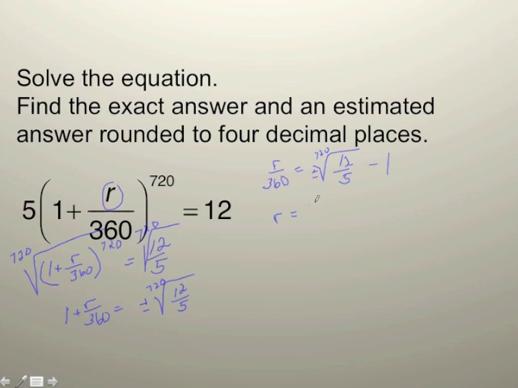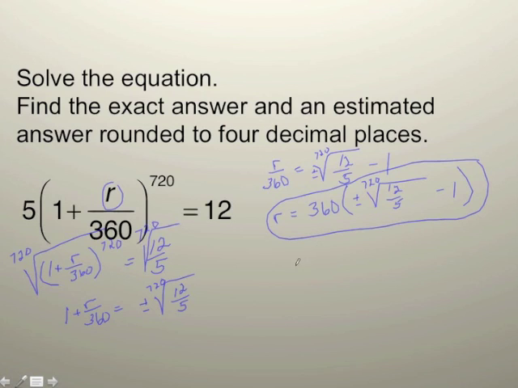So r equals 360 times plus or minus the 720th root of 12/5, and then minus 1. This would be an exact answer.